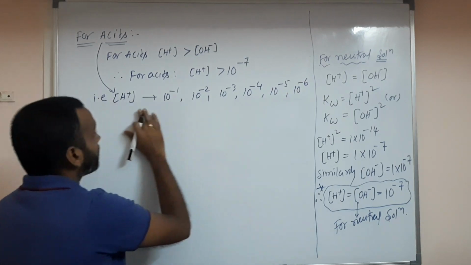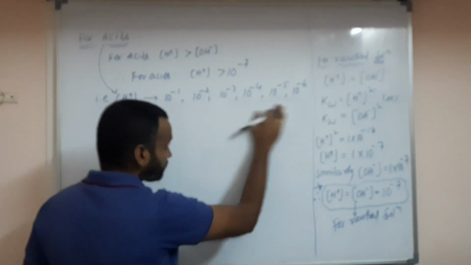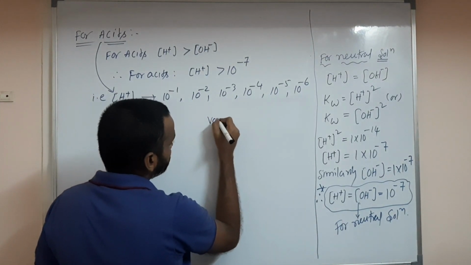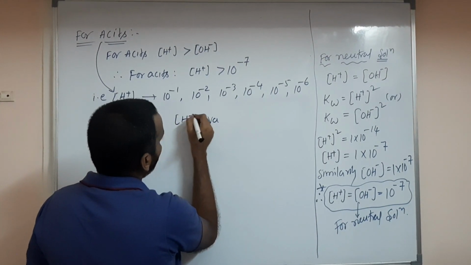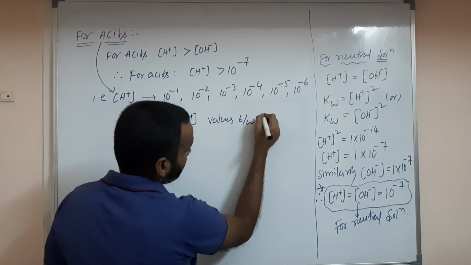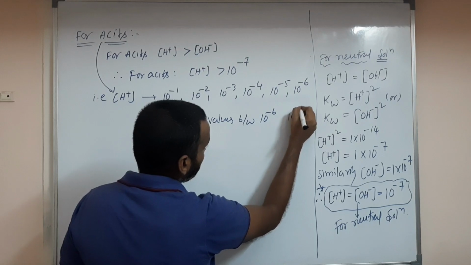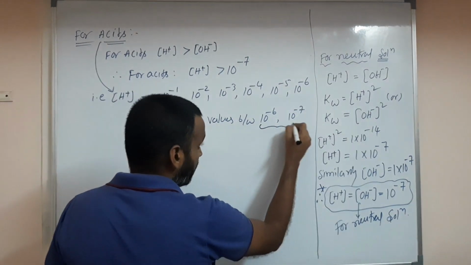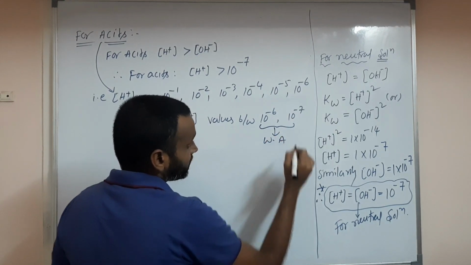And these all come under acidic concentrations. What about the values of H plus concentration between 10 power minus 6 to 10 power minus 7? Those are also weak acids.